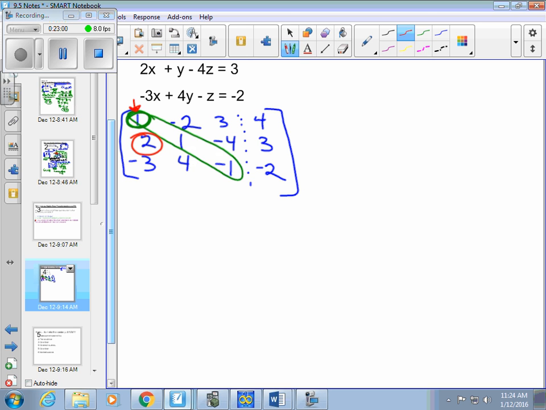Does that make sense to you? Okay. So how this is going to work is I'm going to multiply row 1 by -2, and I'm going to add it to row 2. That's the step that I'm doing. Okay. I'm going to leave my top row alone.